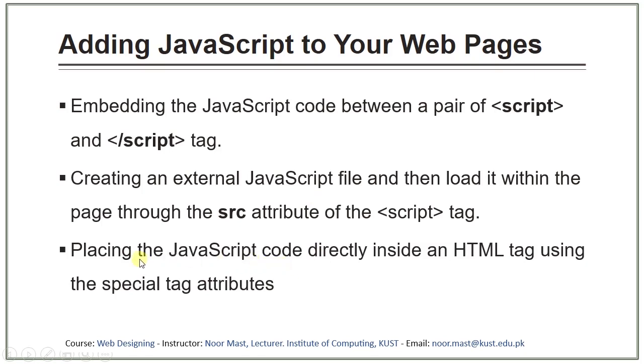The third way is placing the JavaScript code directly inside an HTML tag using the special tag attributes such as onclick, onmouseover, onkeypress, etc. Now let's describe each of these procedures in detail.